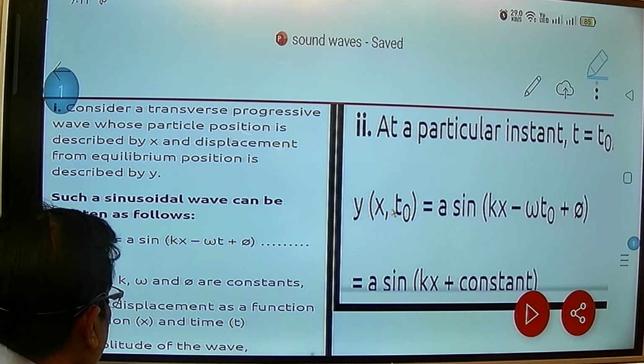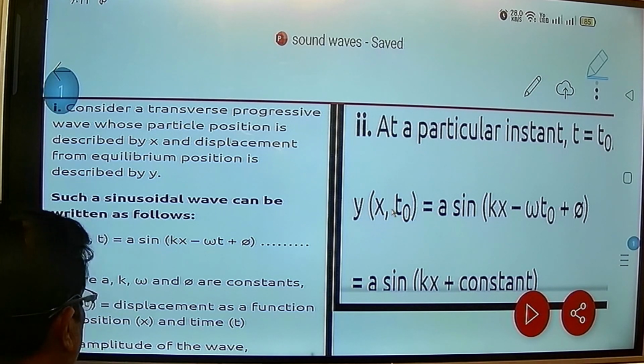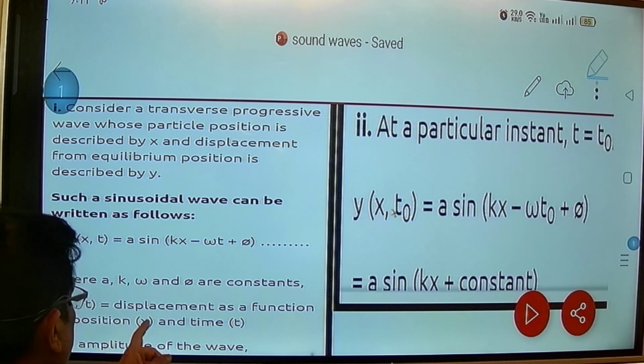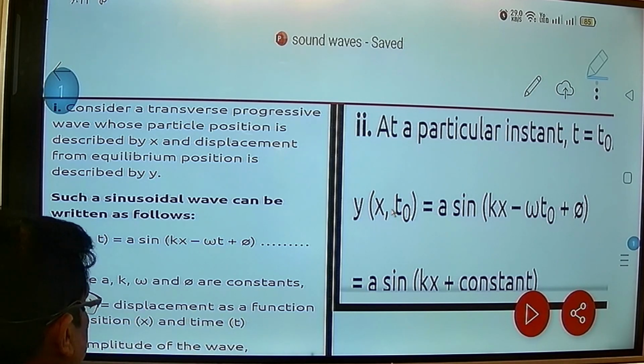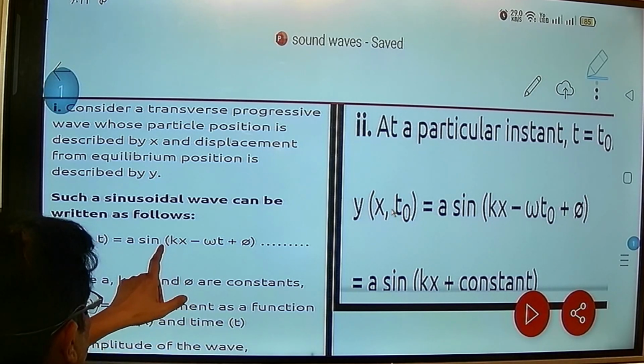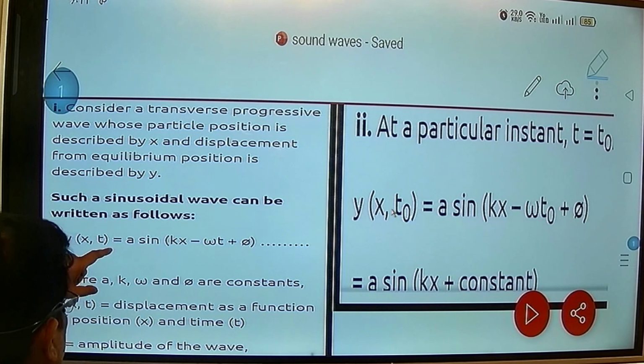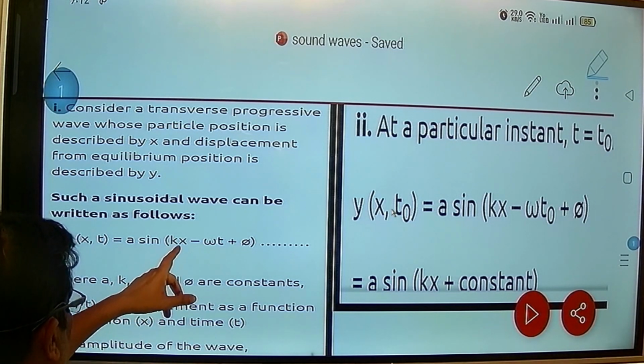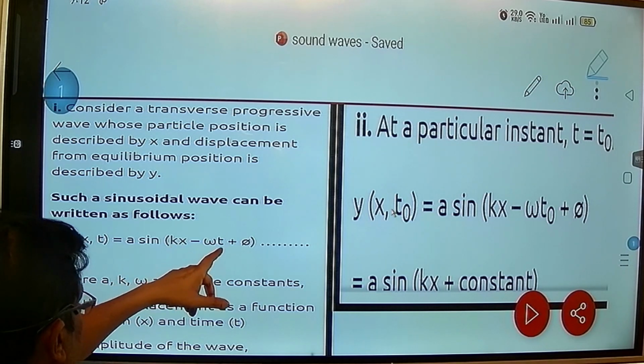Now you are well familiar with these notations. So if we look, we find that y of x,t is equal to displacement as a function of position x and time. Means displacement, we are going to take y as a displacement along the y axis, and which is the function of position x and time t.